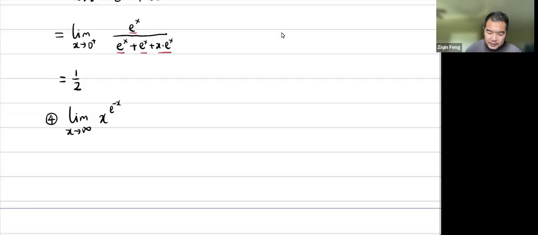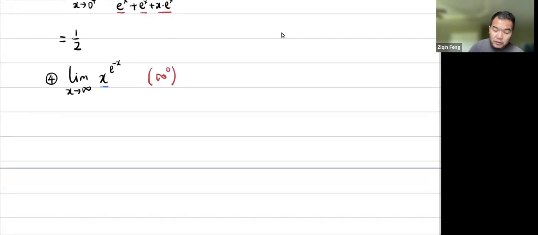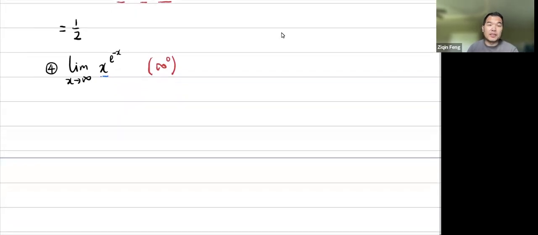So now you can see that the base goes to infinity, and the exponent, the power, e to negative x goes to 0, so infinity to 0. So this is an indeterminate form. So how do we do that? We just give a name, take a natural log, bring the exponent down, then change that to a fraction. We can do that, right?